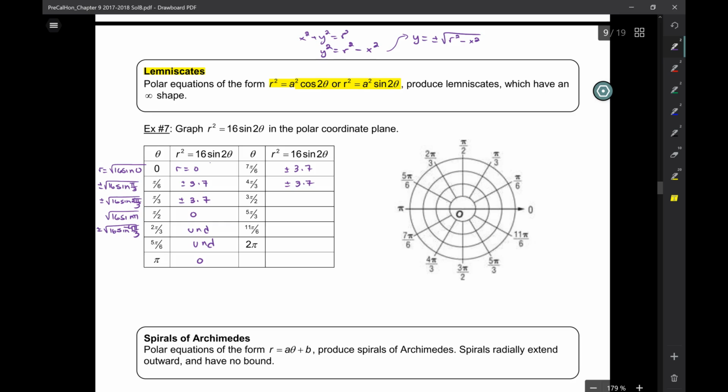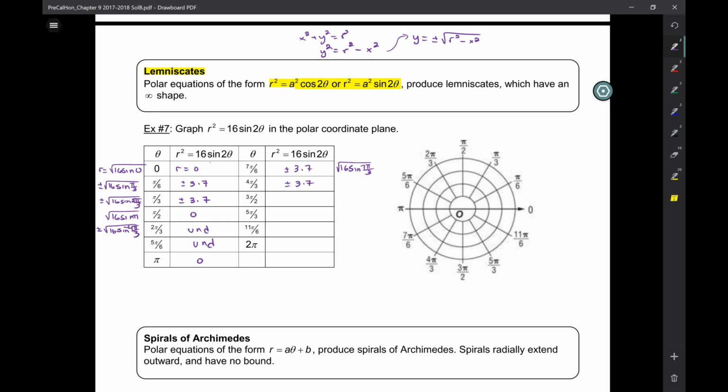Okay, but I don't want to rush it. So here, take a look at what happens there. This is now the square root of 16 sine 2 times 7 pi over 6, which is 7 pi over 3, which is 2 and a third pi, so we're back on the positive.